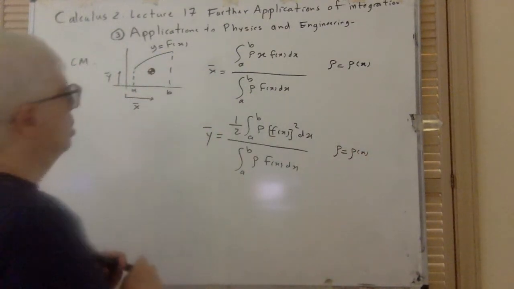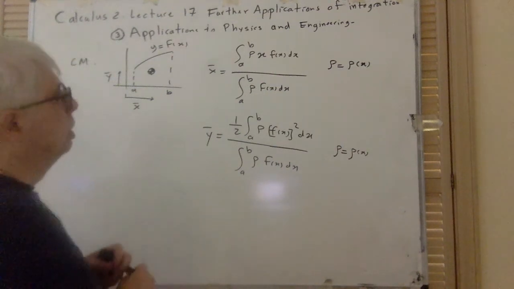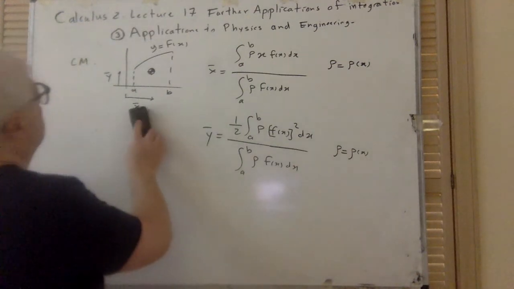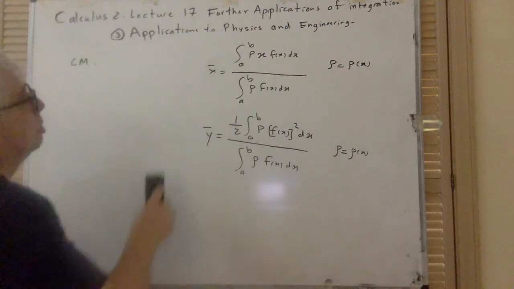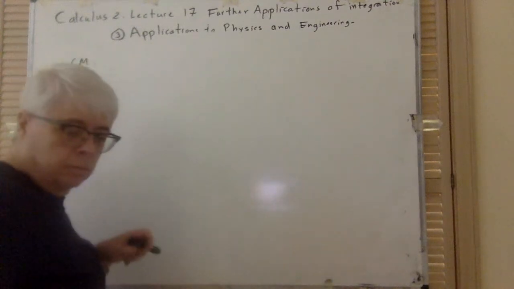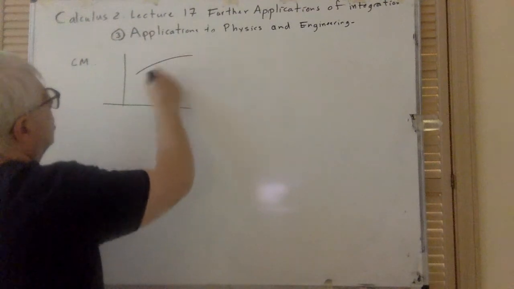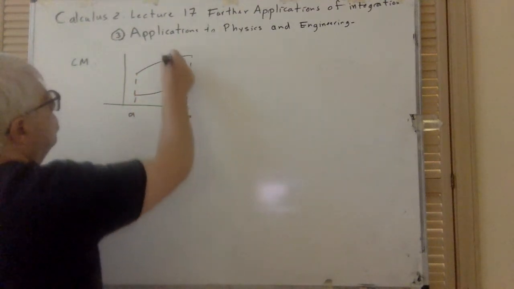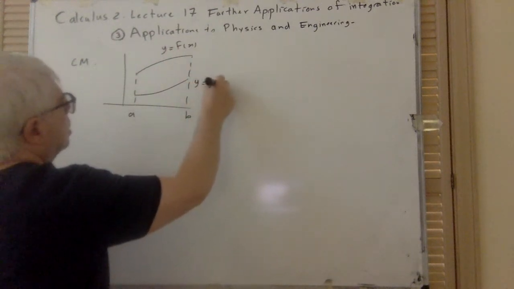Now the other two formulas are for a region between two curves. Let me erase this one and write down the other formulas for you. If I have a region between two curves, again from A to B, this is y equals f(x), and this one is y equals g(x).